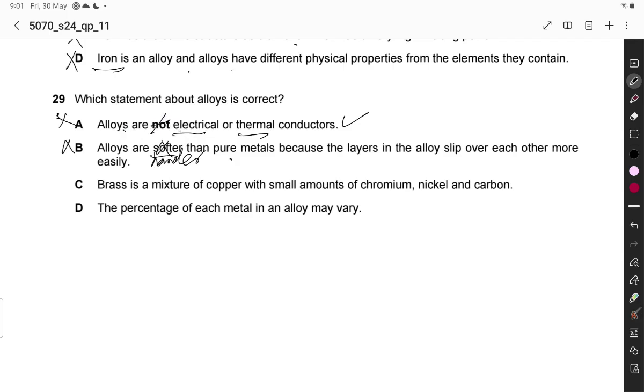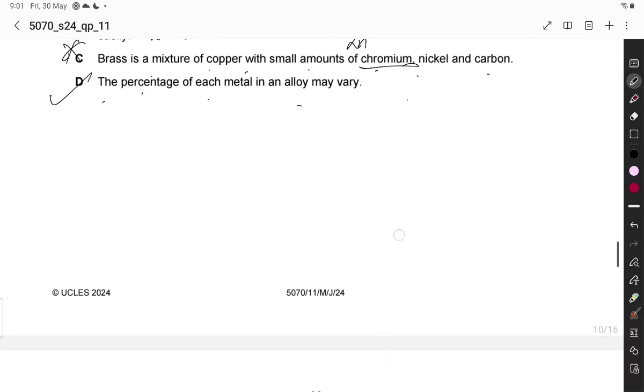Brass is a mixture of copper with a small amount of zinc. The percentage of each metal in an alloy may vary. Yes, this is correct. D option is correct option.